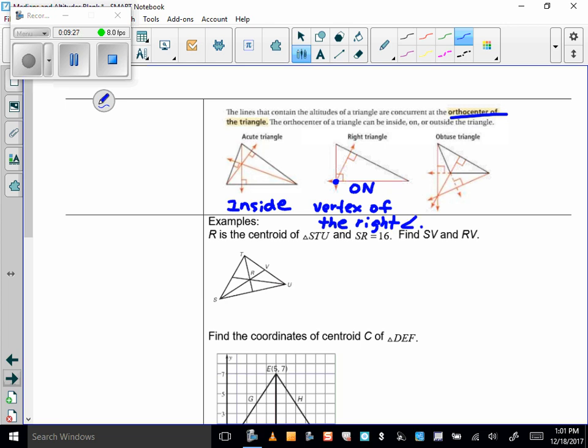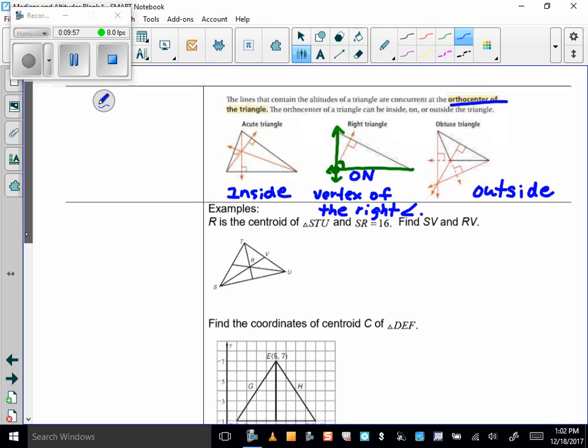Because in a right triangle, I can use this as an altitude, or I can use this as an altitude, because remember, they're both perpendicular there. And that's where they intersect, right there at the vertex of that right angle. And then, of course, with an obtuse triangle, the orthocenter will always be outside the triangle.